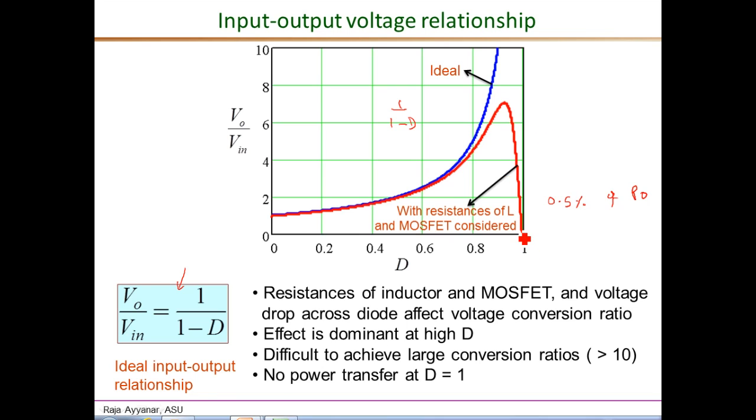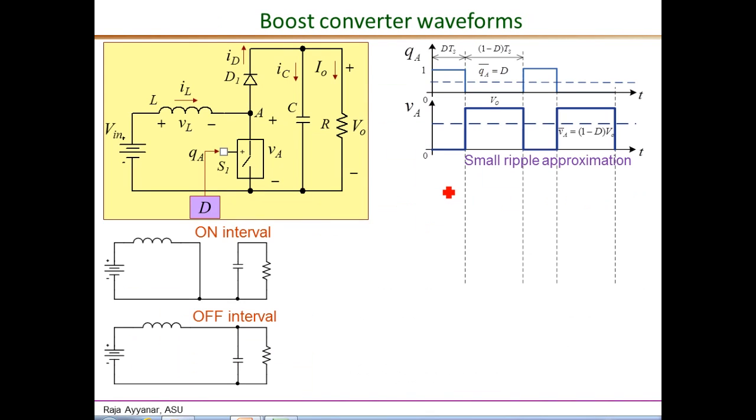In particular, when we do reach D of 1, there is no power transfer at all, and the output voltage is exactly equal to 0. So if we do need very large conversion ratios, then one option is to have multiple stages of this boost configuration, or go for isolated and other topologies.